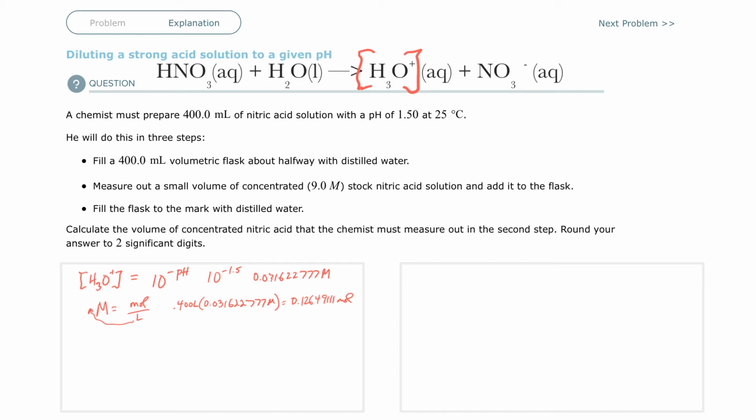So I'm going to take the number of moles, 0.1264911 moles, and divide by the molarity, 9.0. Molarity is moles over liters, so the moles will cancel and I'll end up in liters.